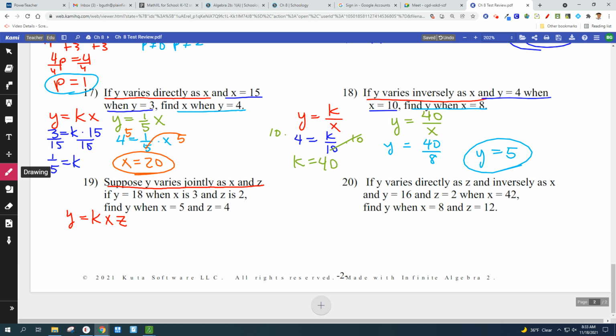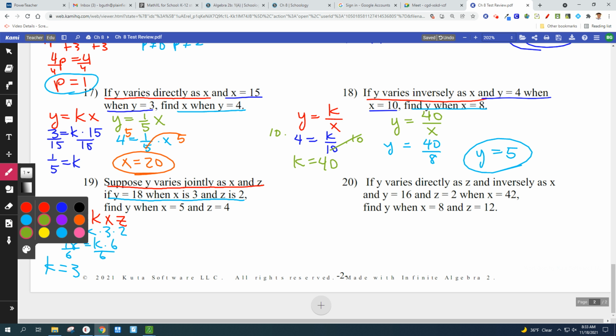Now I'm going to plug in the numbers. If y is 18 when x is 3 and z is 2, that says 18 equals k times 6. You can probably do that in your head. k is going to be 3. Forget about the algebra if you don't need it. Divide by 6, you're going to get k equals 3. That is my constant of variation.